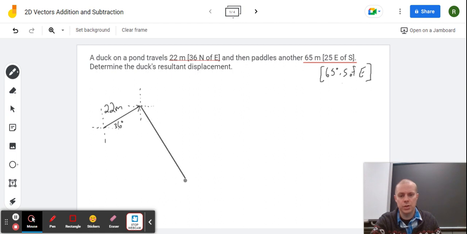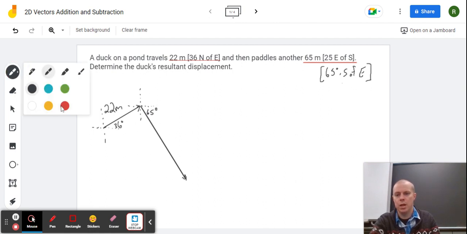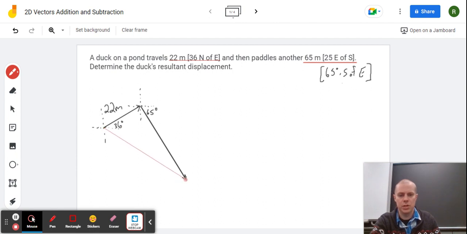So it would look something like this, with the angle from the horizontal measured there. Okay, the resultant vector is always a straight line from start to finish. Okay. So we are looking for this vector.